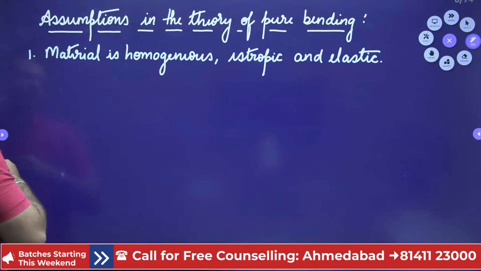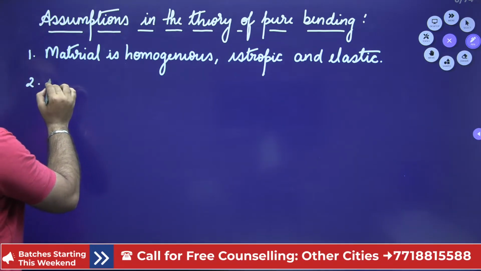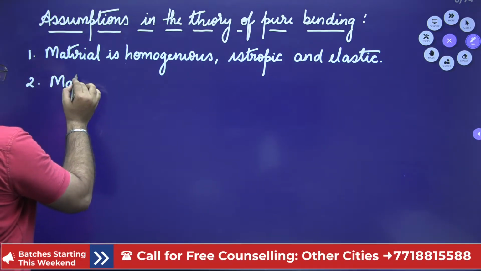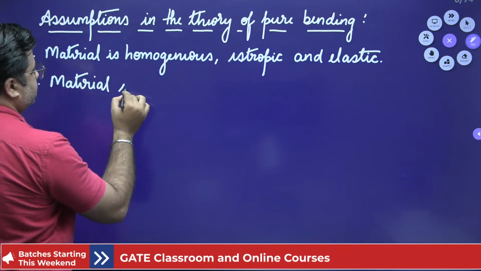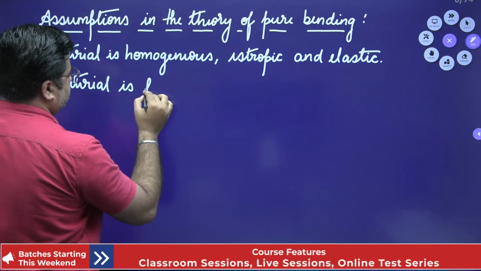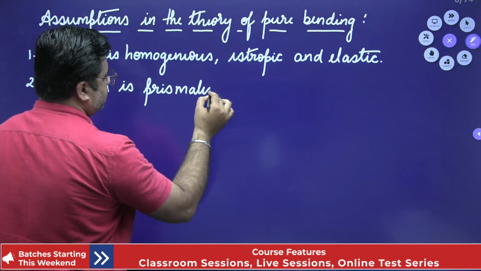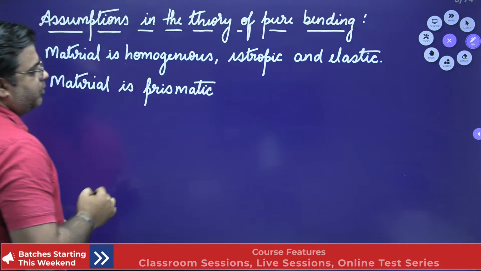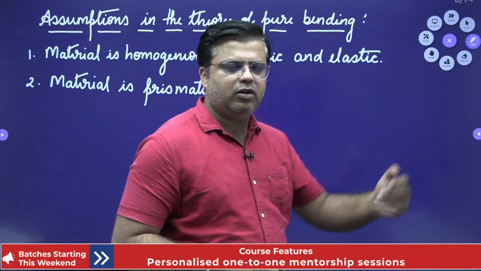Second assumption, material is prismatic. Material is prismatic, or the cross section of the material is uniform along the length.